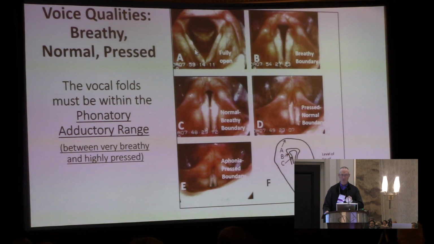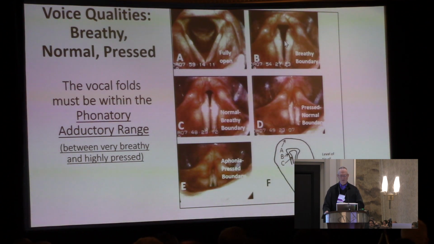The vocal folds just go where the arytenoids tell them. So, vocal fold adduction is first an arytenoid adduction. You will really, if you do that a little bit, you will reach a place where there's a breathy boundary, like that, something that's really breathy.